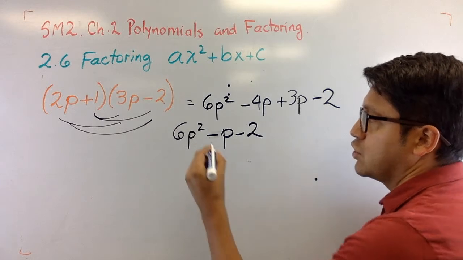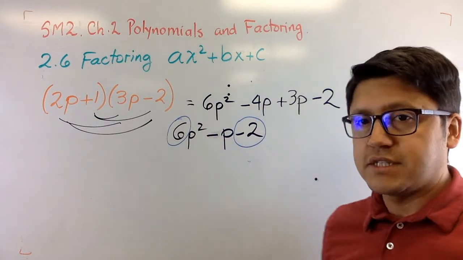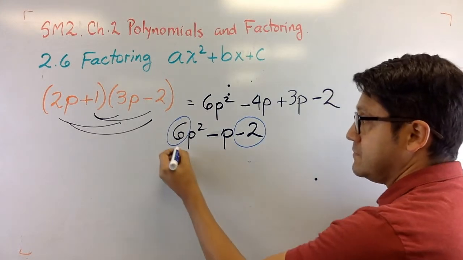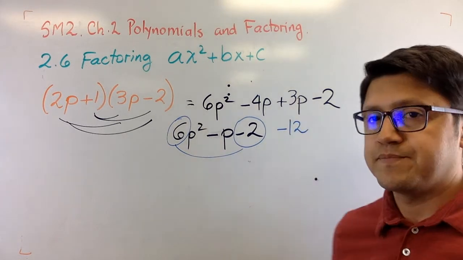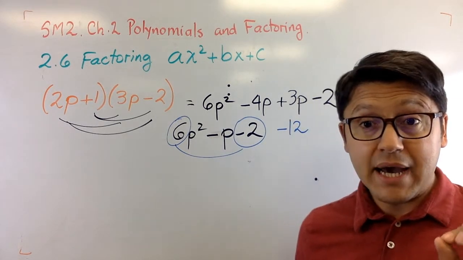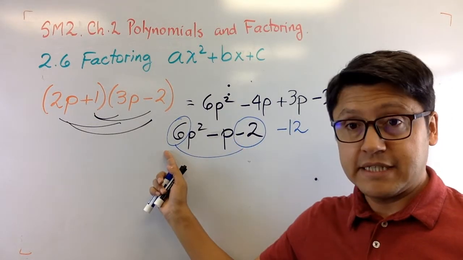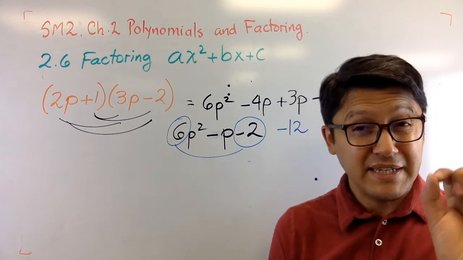Look at that. You're going to take this coefficient and the constant, and we're going to multiply them, right? So this times this is a negative 12, all right? Keep in mind that what I just did to this was multiplying it by 6. It means that I modified the expression by multiplying by 6.